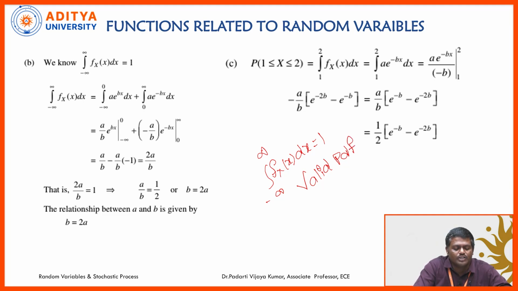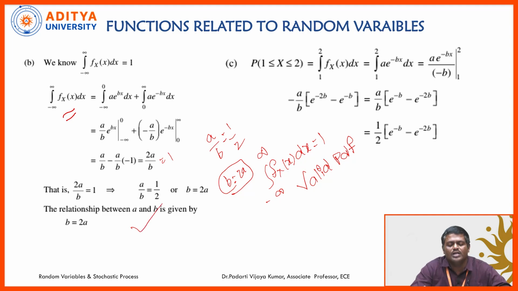Integrating f x of x dx from minus infinity to infinity, the function is different from minus infinity to 0 and from 0 to infinity. Doing the integration, we get 2a by b, which should be equal to 1. From this, a by b is equal to 1 by 2, or we can write b is equal to 2a. So, this is the relationship between the scalar quantities a and b.